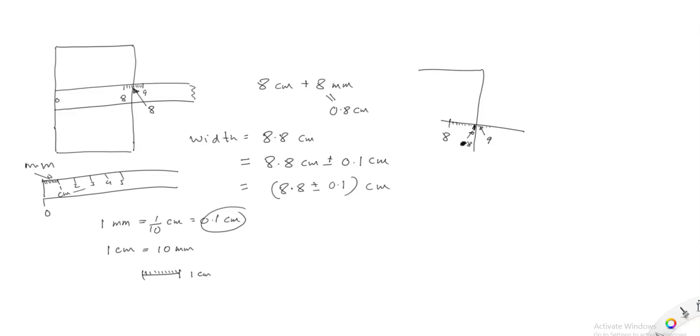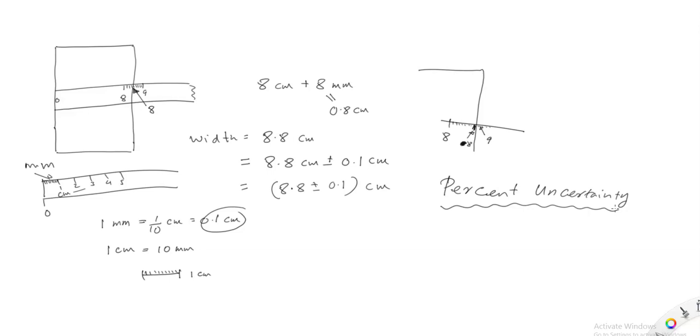Okay, so with the uncertainty, another thing sometimes we need to calculate is the percentage uncertainty. So now, percent uncertainty. This tells you how much influence this uncertainty has on your answer.